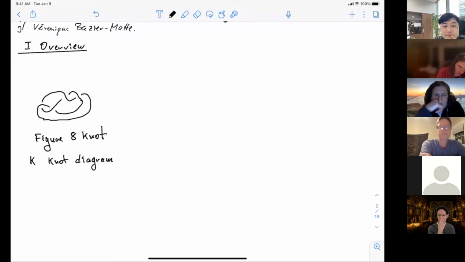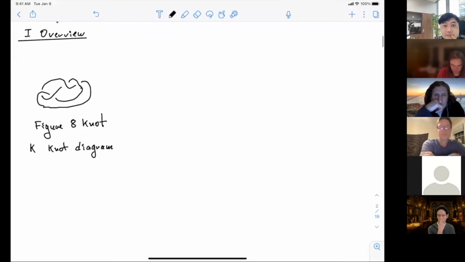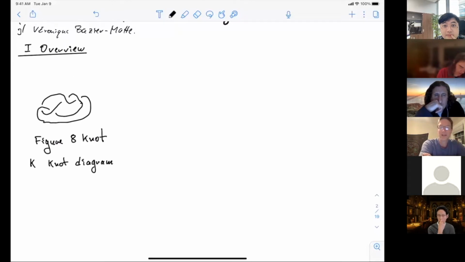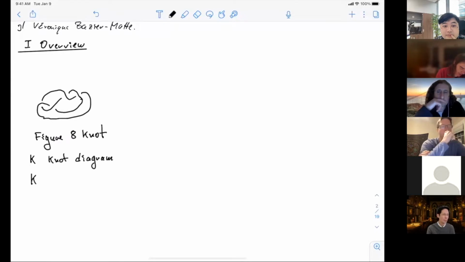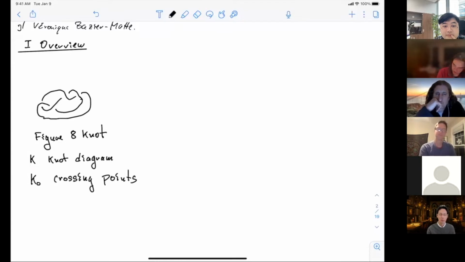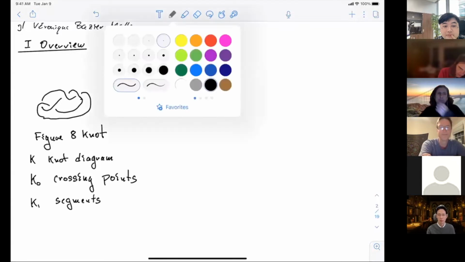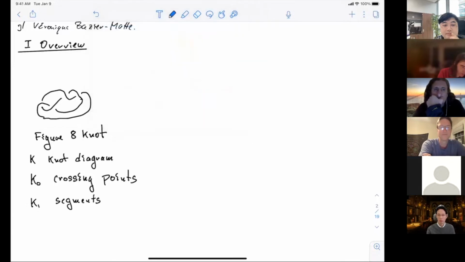I will consider this knot diagram pretty much as a simplicial complex. So I will use the notation K0 for the crossing points, and K1 for the segments. Maybe here I should be precise what I mean by this. So I will label the segments on the knot.